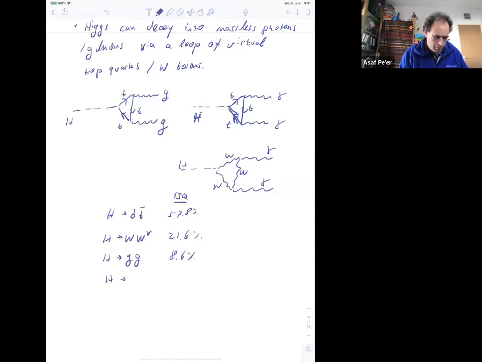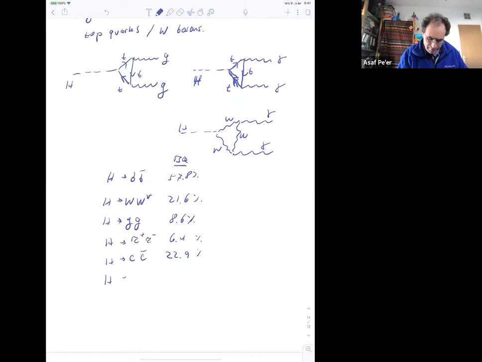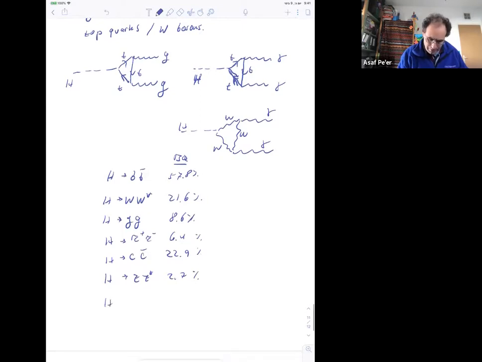Higgs going into two taus is 6%. Higgs going into charm, anti-charm, that's 20%. And to two Z's, 2.7%. And to two gammas, it's only 0.2%.